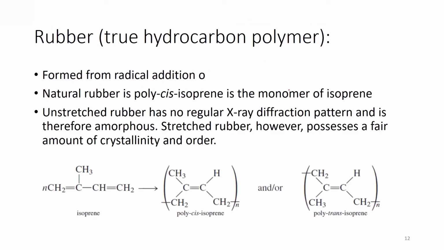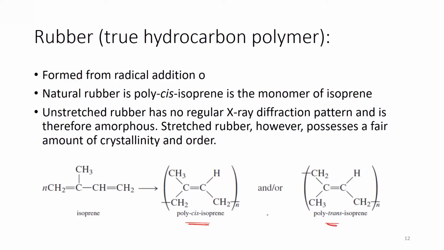Rubber, which is a naturally occurring polymer, is formed from radical addition usually, and it's a naturally occurring polymer with a cis isoprene, which is the monomer of the isoprene. The stretched rubber has no regular X-ray diffraction, and therefore it's amorphous. So you could see that isoprene, when it comes together, forms polyisoprene, and this polyisoprene is either cis or trans.